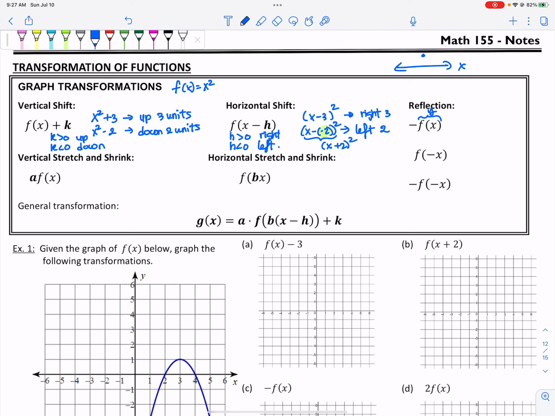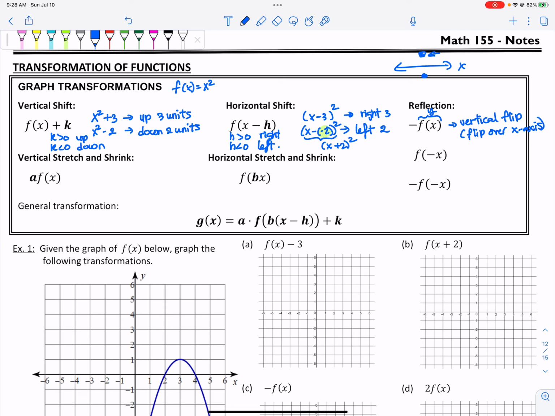Here's a point up here where the y value is positive. It's going to flip over the x-axis, flip vertically to this location where the y value is the opposite of the y value at this point. So here we call this a vertical flip, or flip over the x-axis.